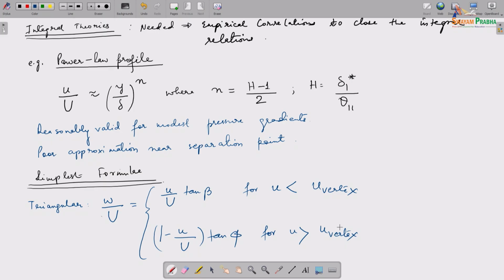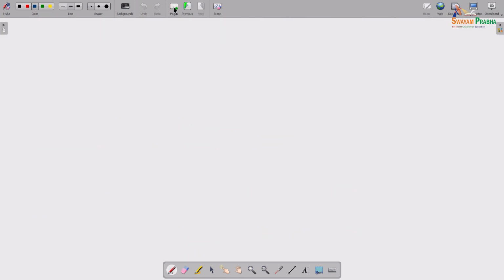This is triangular, and then we have a parabolic, where W by U is U by U times (1 minus y by delta) squared tan of beta.